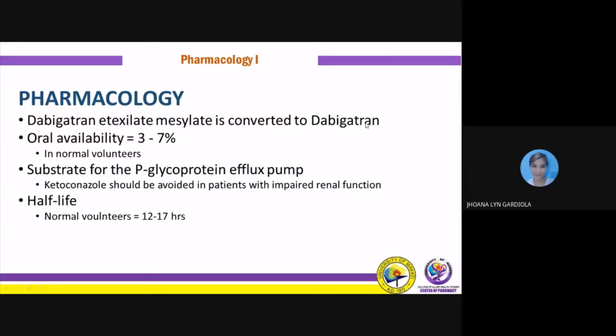And after absorption, a rapid distribution phase occurs followed by a prolonged elimination time, wherein the absolute bioavailability of dabigatran after oral absorption is 3 to 7%, and it is dependent on the dose of the prodrug. In normal volunteers, dabigatran is also a substrate for the P-glycoprotein efflux pump.